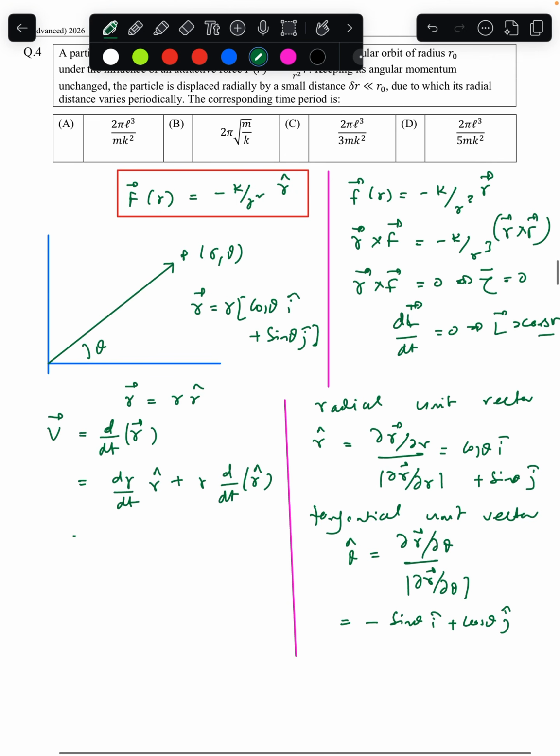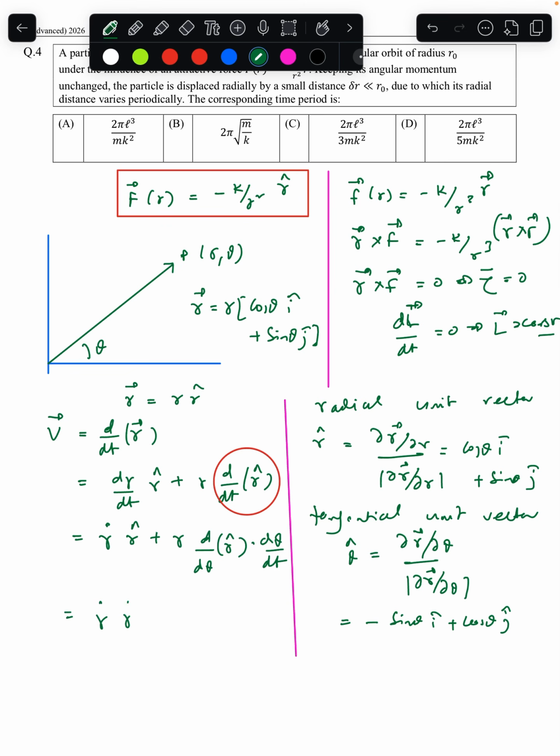So this is going to be written as r dot r cap plus r, and for this quantity I am going to apply the chain rule: d/d theta of r cap into d theta by dt. So this is going to come as r dot r cap plus r; d/d theta of r cap is going to give you theta cap, and d theta/dt is theta dot. So theta dot into theta cap.